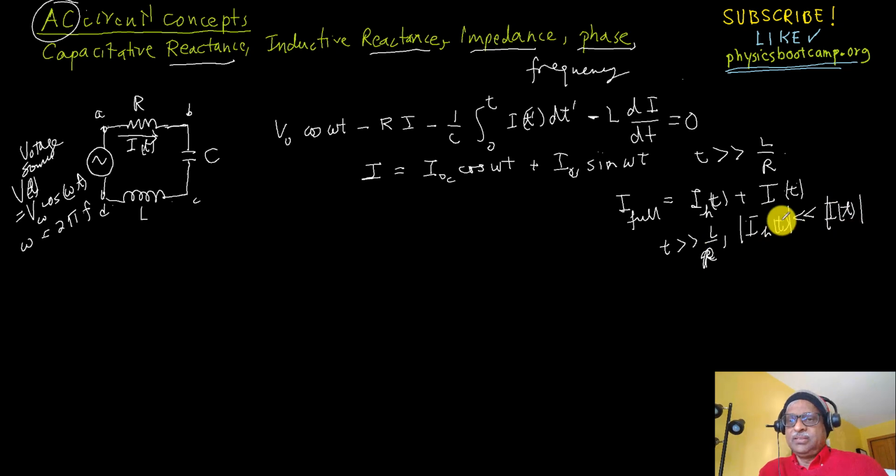In that sense, we just ignore it and write it like this. This is also called a steady state solution.